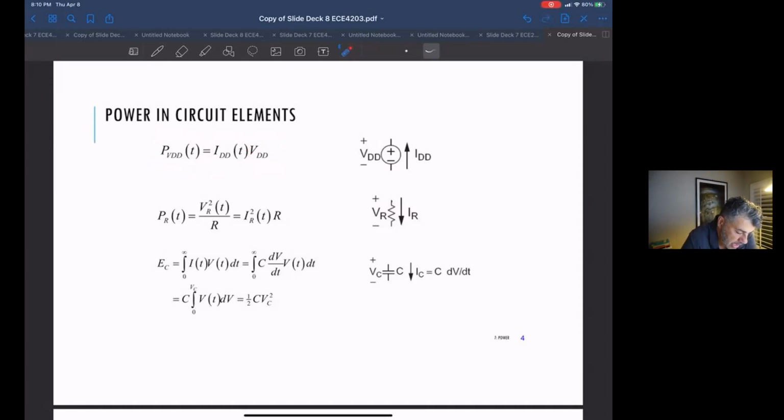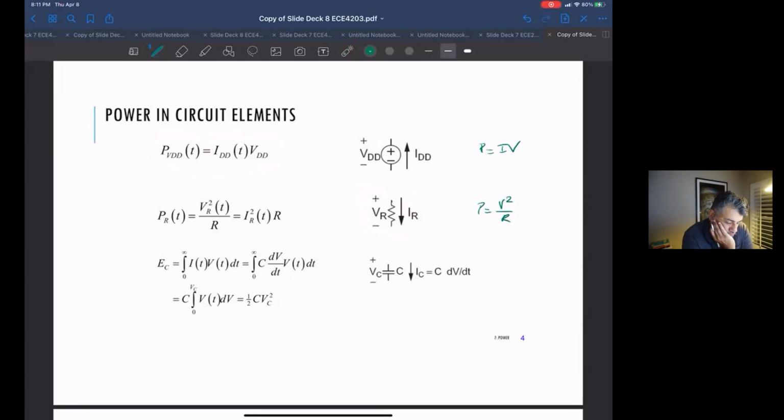And if you have a resistor, these are all different definitions of power: I times V, or it could be V squared over R.